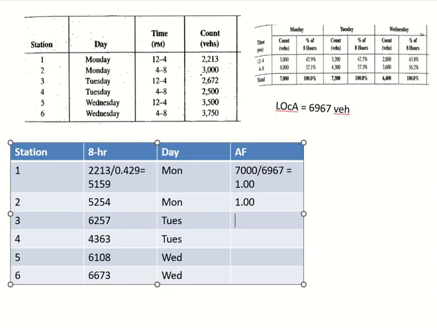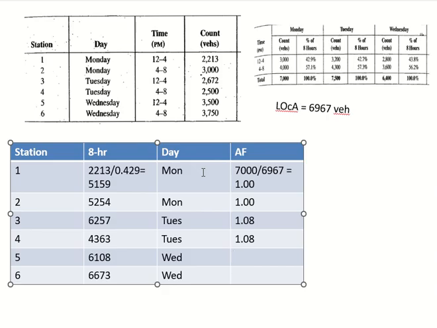Okay, for Tuesday, you will take this value, divide by that. How much? Tuesday value, it's for both. Divided by 6967. 1.08. Wednesday, how much?